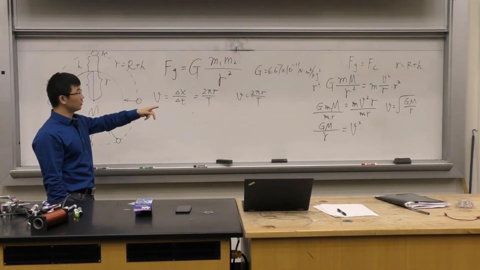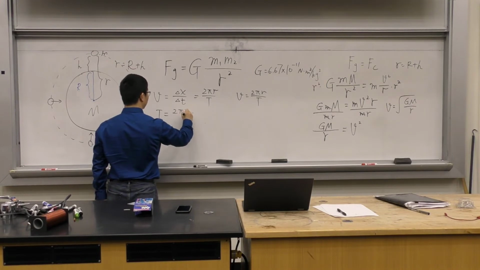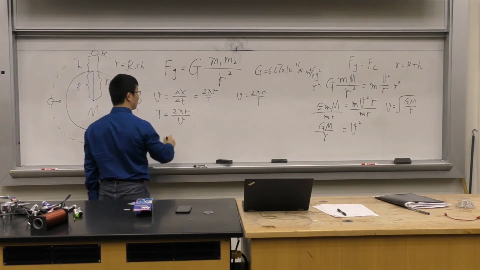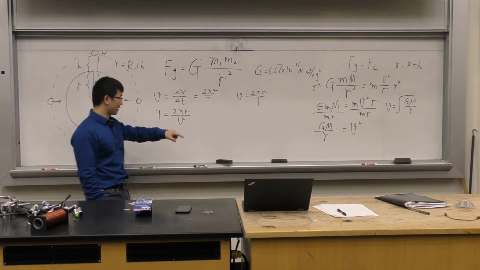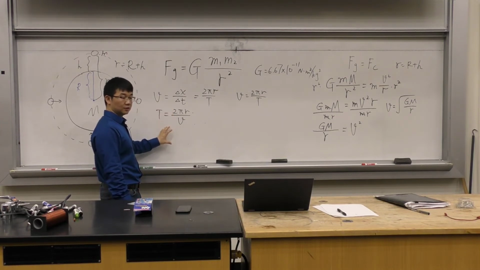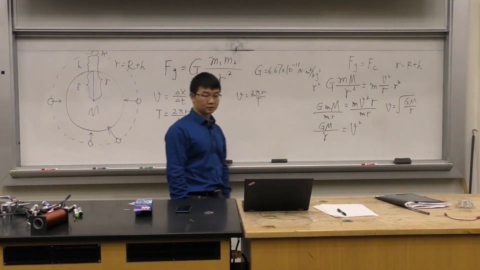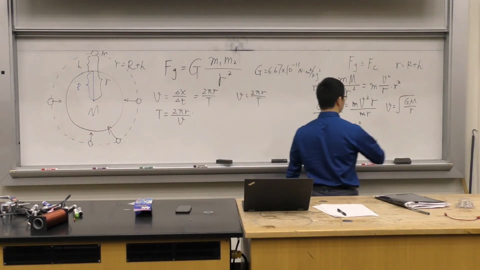So if I rearrange this equation, I will find an expression for period. So that's what I want you to do. You're going to plug that in here, and then rearrange this equation a little bit and see if you can find the final answer, a simplified expression. And at the end, I can replace little r with this.